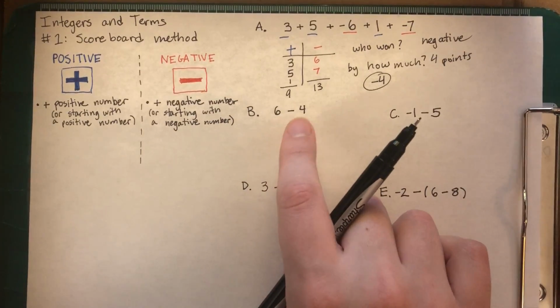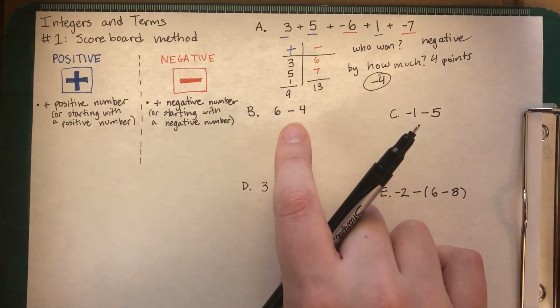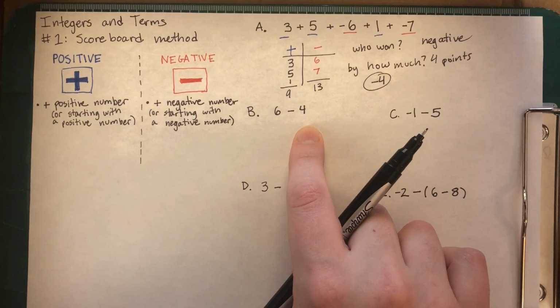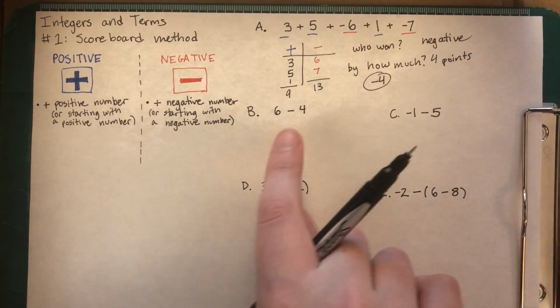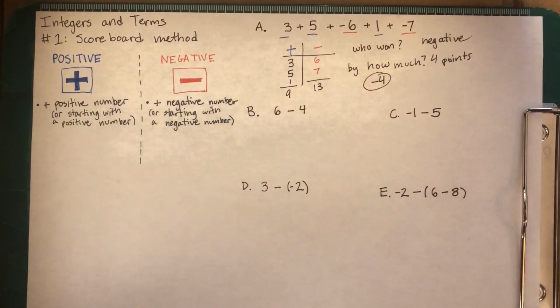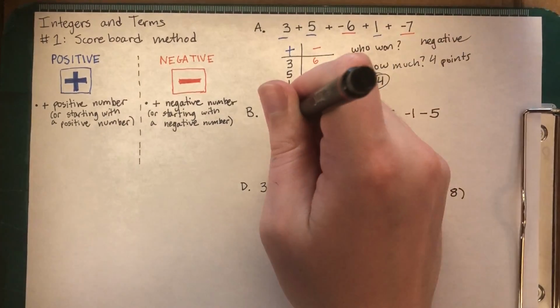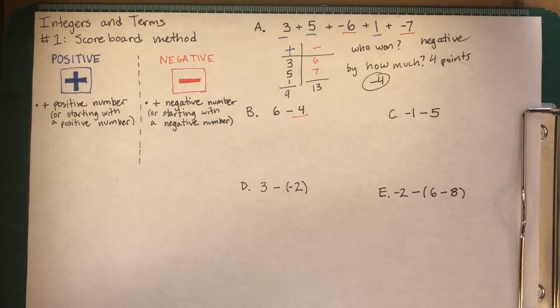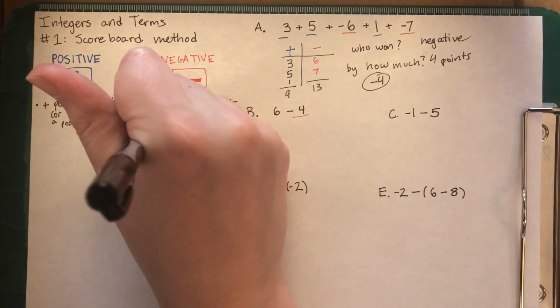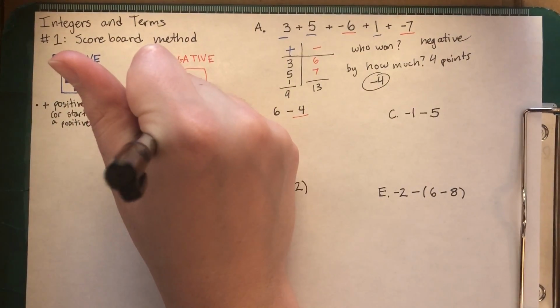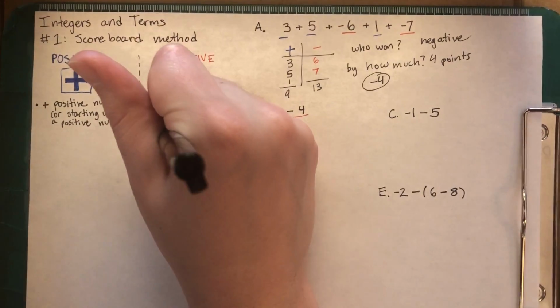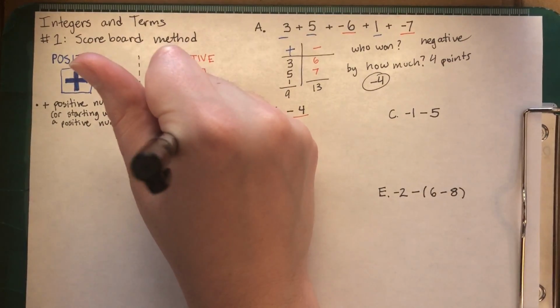This 4 definitely should belong to the negative team. So we have something that counts for the negative team when we add a negative number, but we also have something for the negative team anytime we subtract a positive number.